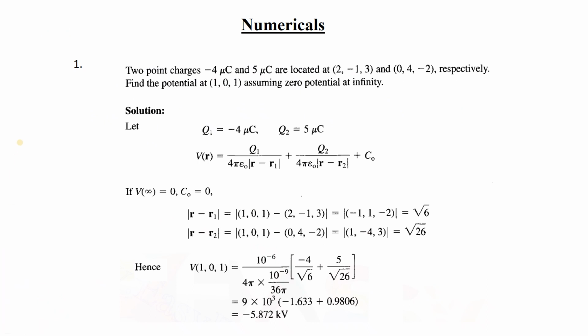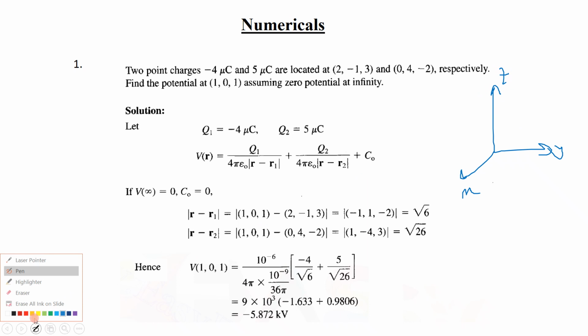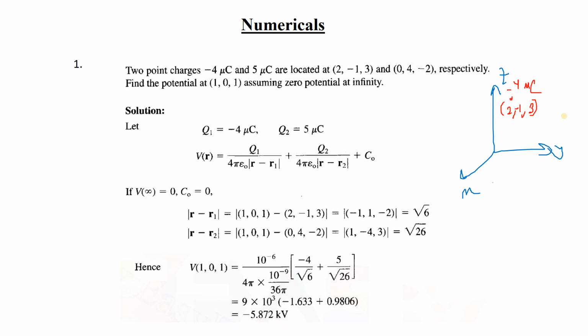If I take a Cartesian coordinate system with x, y and z, the point charges are there. This one is minus 4 microcoulomb, at (2, -1, 3).